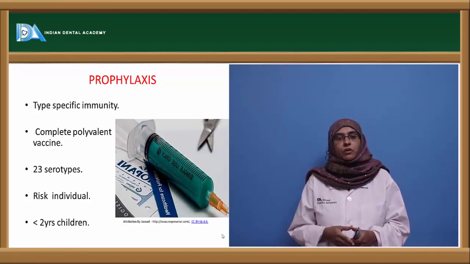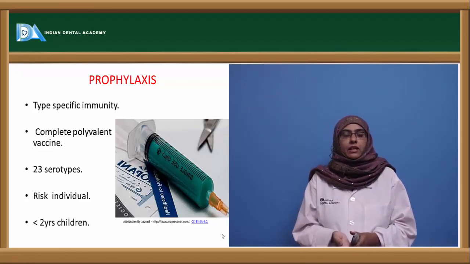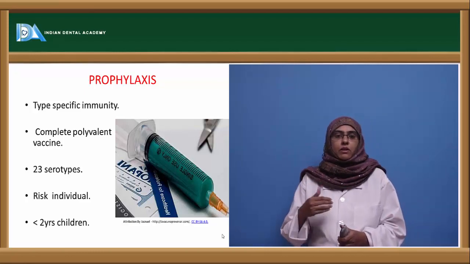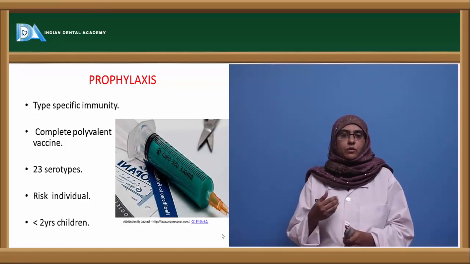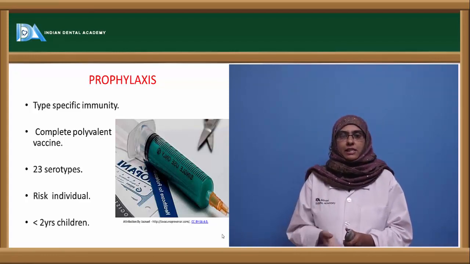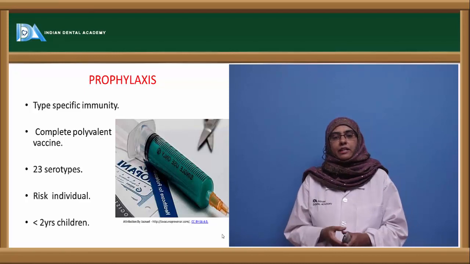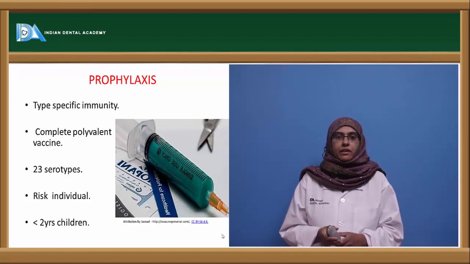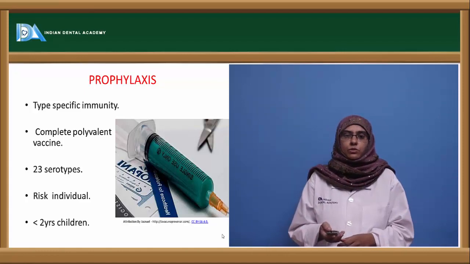We have the person who has an immunocompromised state, where the lowering of the immune system is seen, or you have the person who has been suffering from malignancies, splenectomy, or sickle cell anemia. In those cases, this polyvalent vaccine can be administered, and the vaccine cannot be given to children who are less than 2 years.